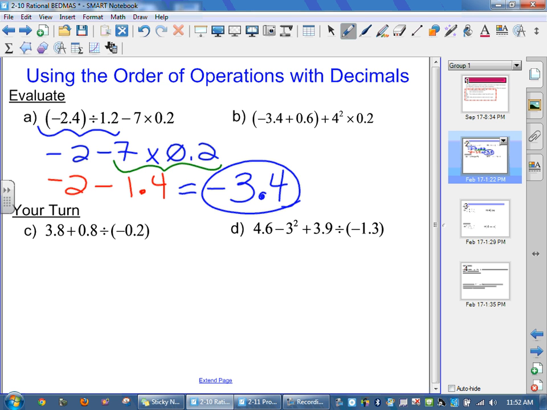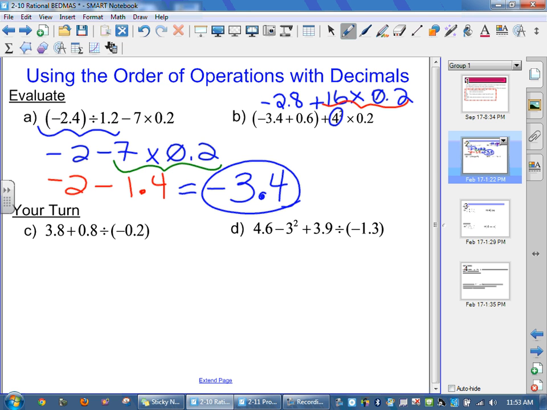On this one, I have some adding to do in the middle. So if I solve my brackets, I get negative 2.8. Okay? Then I've got some exponents. 4 exponent 2 gives me 4 times 4, which is 16. Then I've got my timesing on the end, times 0.2. After I did my brackets and my exponents, I need to multiply.